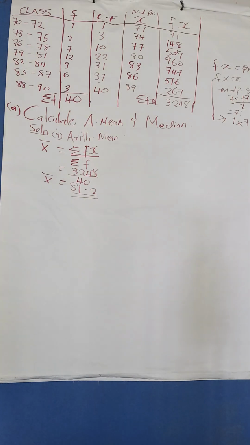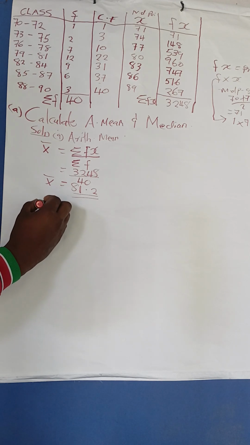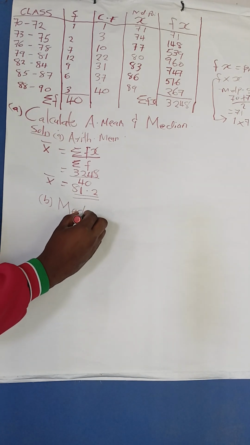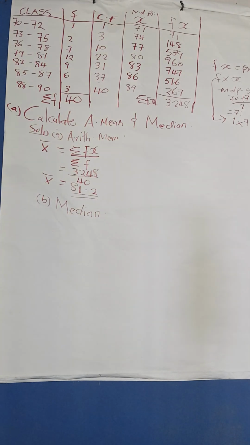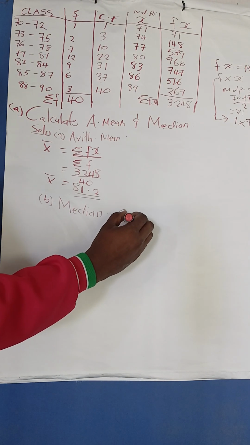Now, let's go to part B. In part B, you have to calculate the median. We all know the median divides our data into two equal parts, or you can call it Q2.